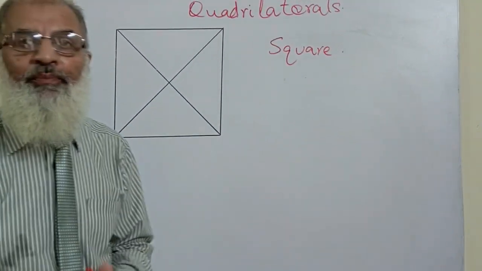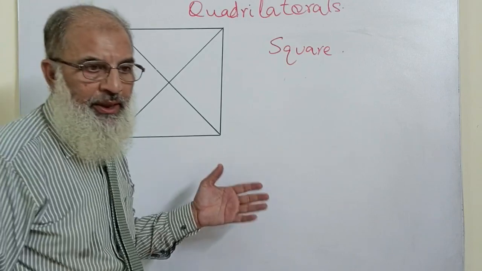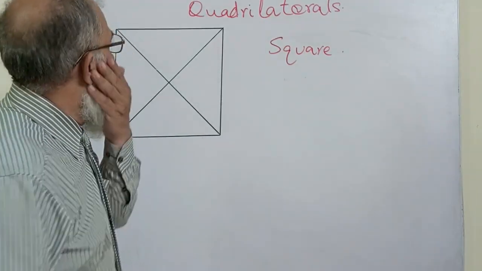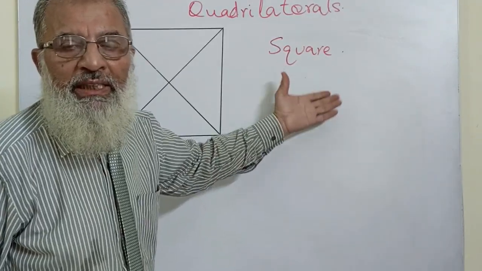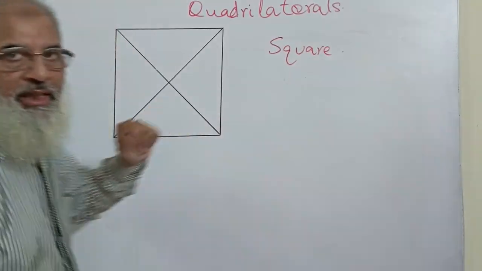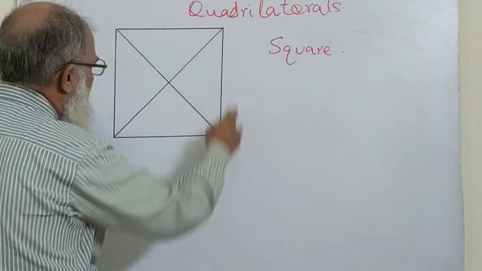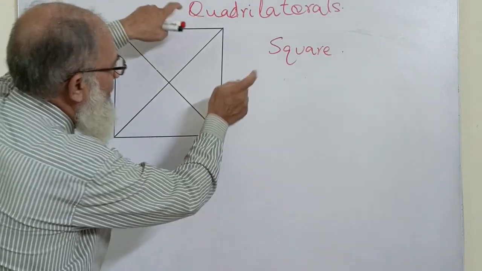Now dear students, my third figure or the third shape is the square. This is a quadrilateral and its name is square. Why is its name square? Let me discuss. This side is equal to this side, this side is equal to this side, and this side is equal to this side.